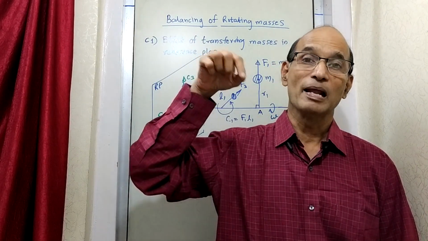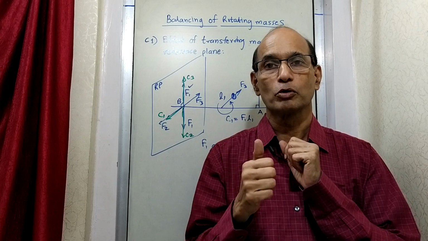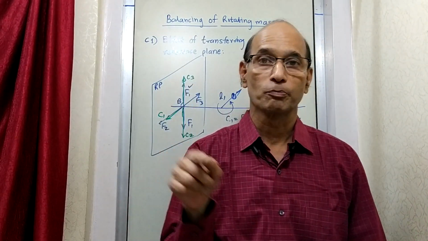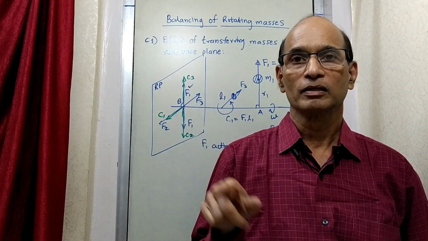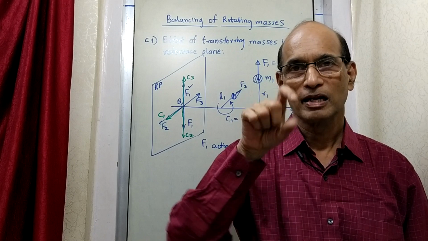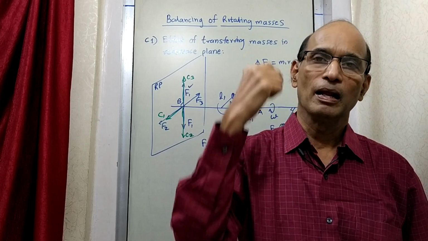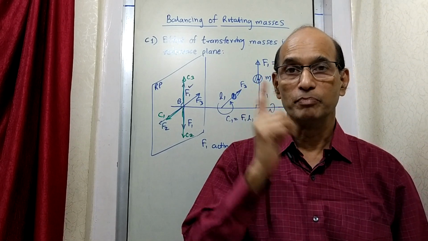We have added a balance mass which will cause the 6th force. So 5 plus 1, 6 forces are such that together these 6 forces will make a closed polygon. When the polygon is closed, that means the net result of all the 6 forces is 0. So the balance force which was added has balanced all the 5 plus 1, 6 forces. That is what we have learned in B.